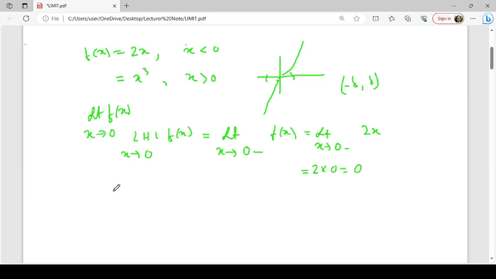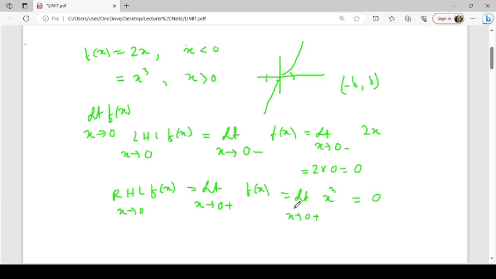And the right hand limit of f(x) as x tends to 0, we write limit as x tends to 0 plus of f(x), and in place of f(x) we write x cube, the right part. So x tends to 0 plus, and it is 0 cube, 0 into 0 into 0, so it is 0.